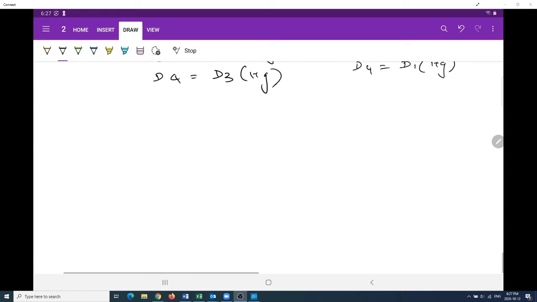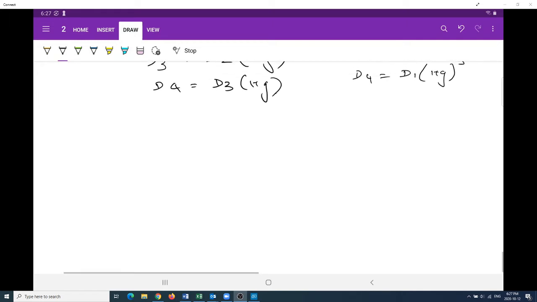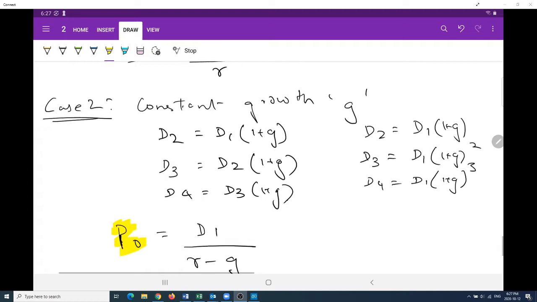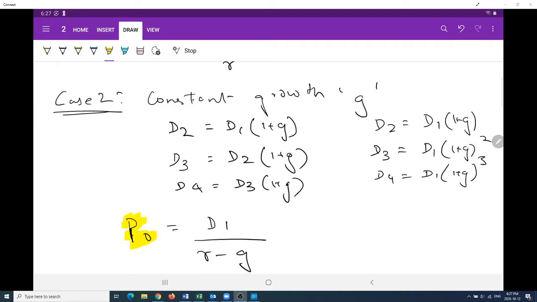Now in the constant growth model, because it's growing at a constant growth rate, the price of the stock is going to be D1 divided by (R minus G), because now it becomes a growing perpetuity problem. So this becomes the price of the stock under a constant growth model.